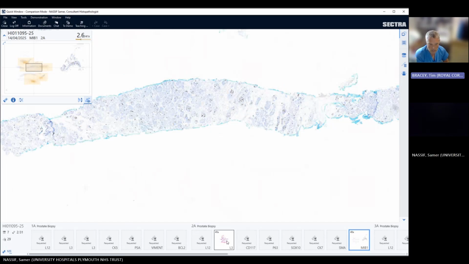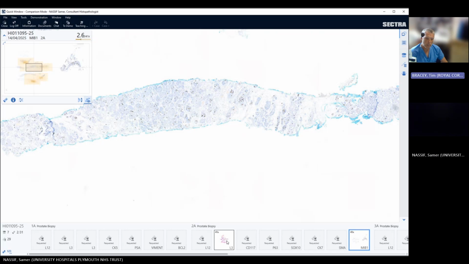Show me your SMA. Have you not scanned it yet? I only scanned these two, but I don't know if this is Tima's case. Let me see if she did an SMA. There is an SMA, it looks like she's done it because there's a placeholder there. Let me see. This is SMA. This is P63. The other thing is you should have S100 positivity with adenoid cystic as well. You shouldn't get S100 in basal cell hyperplasia in the prostate, should you?